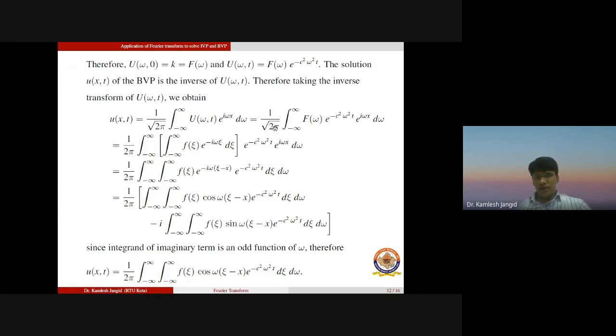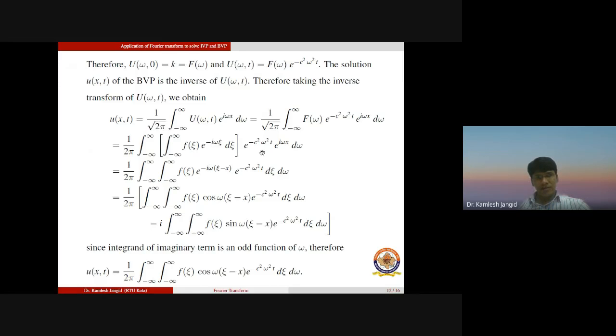Now, if we simplify the right hand side term, 1 upon root 2π, and we know that capital F(ω) is the Fourier transformation of small f(x). So this one is the integral from minus infinity to plus infinity of f(ξ) e^(−iωξ) dξ, and 1 upon root 2π times 1 upon root 2π becomes 1 upon 2π, and this is our remaining term.